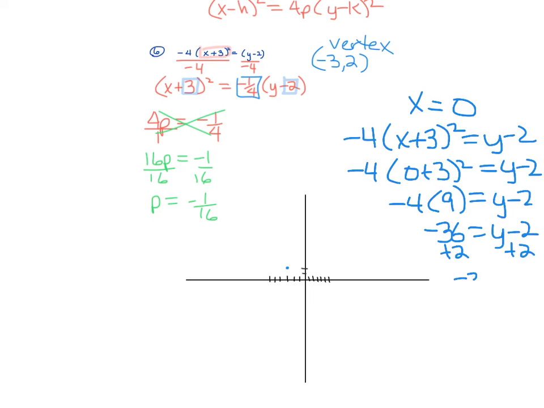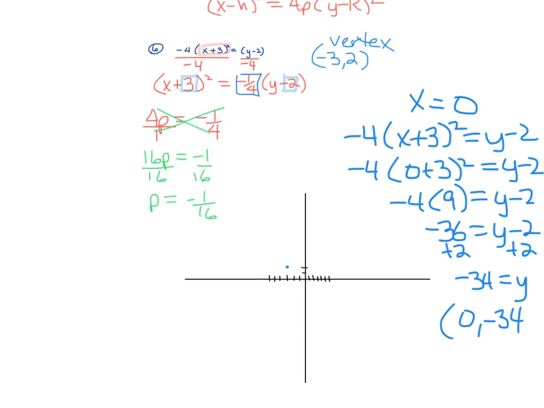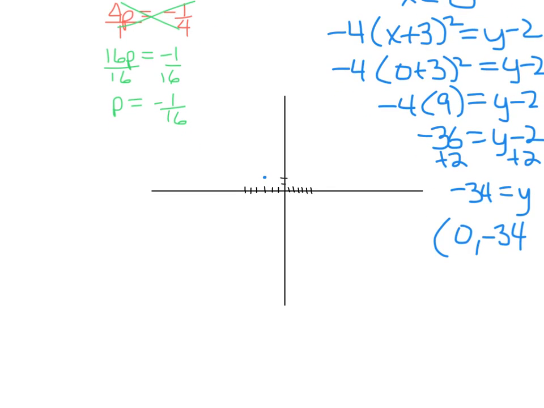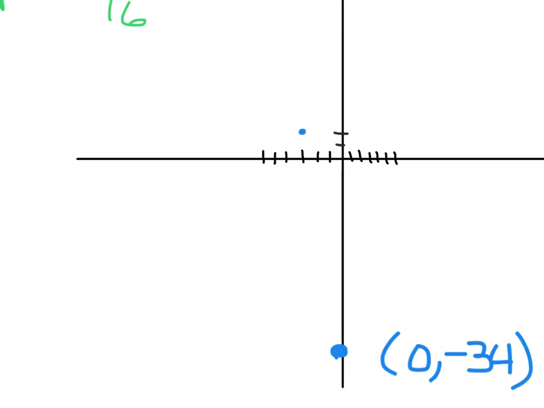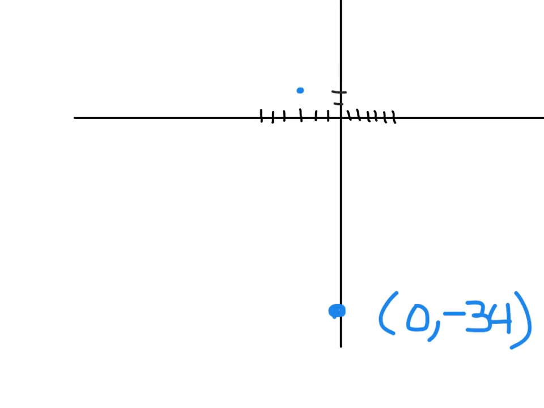Add the 2, -34. Wow. So this y-intercept is going to be way down. So again, I'm just going to label, and I'll say the y-intercept's way down here, and we'll say it's the ordered pair 0, -34. So again, I've got half of my U shape going on.